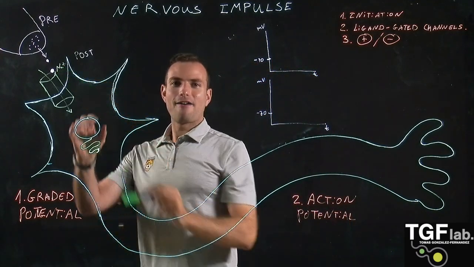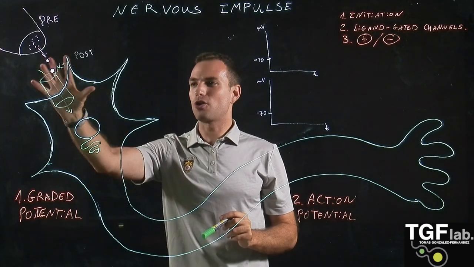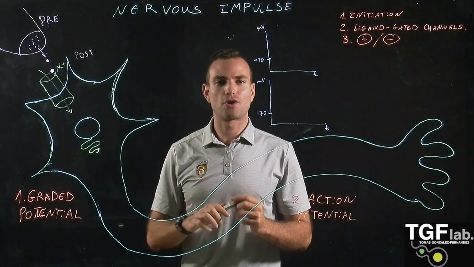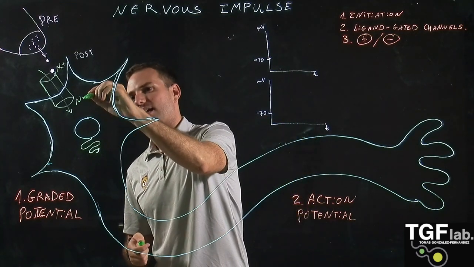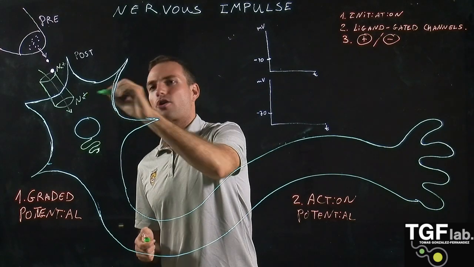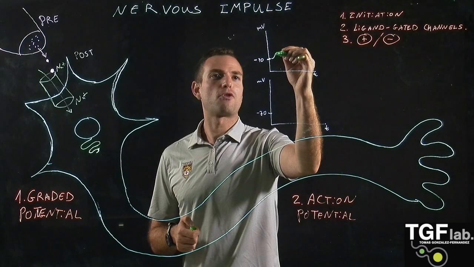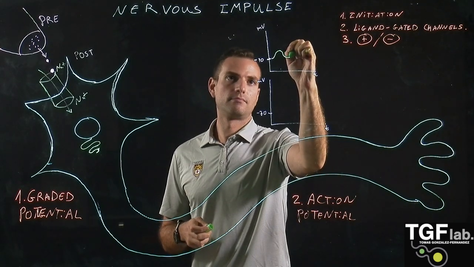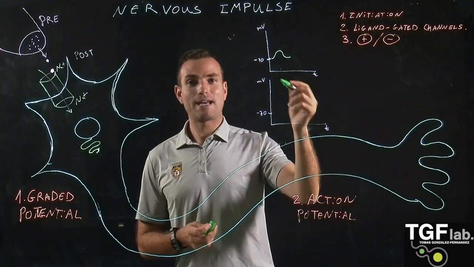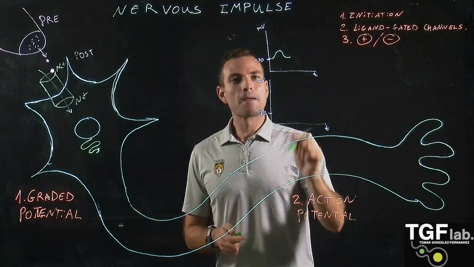If we have this activation of this ionic channel, and we have sodium entering into the cell due to the concentration gradient, we are going to have more positive charges inside the cell. So we are going to make the membrane potential more positive. Making the cell more positive is called the depolarization of the cell membrane.